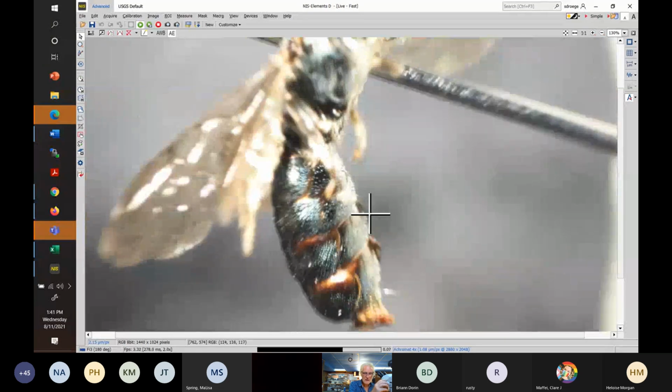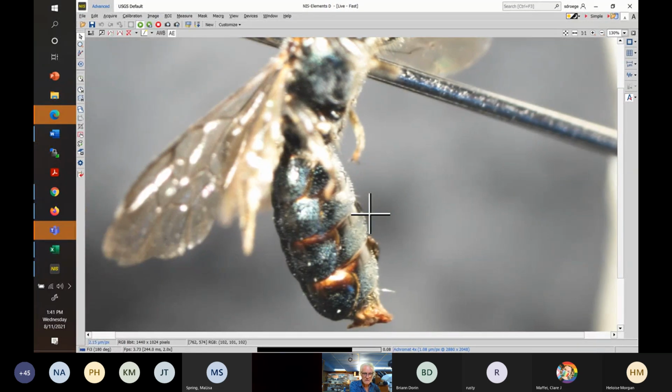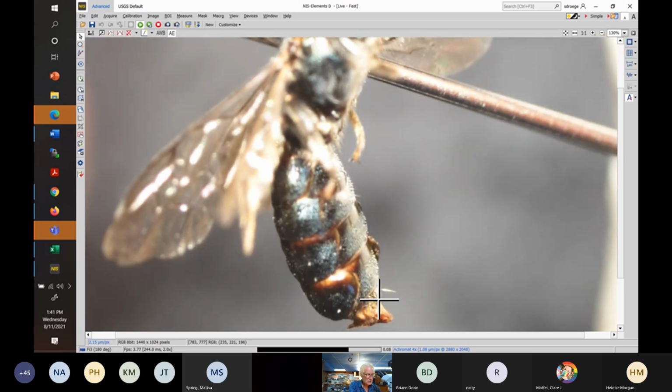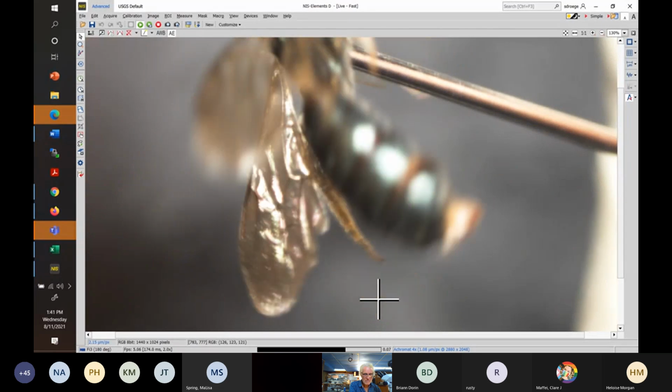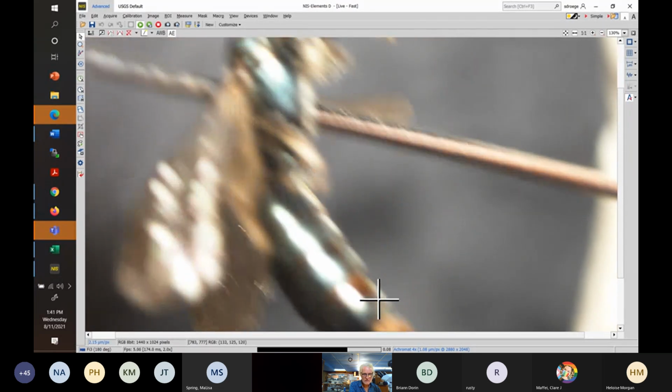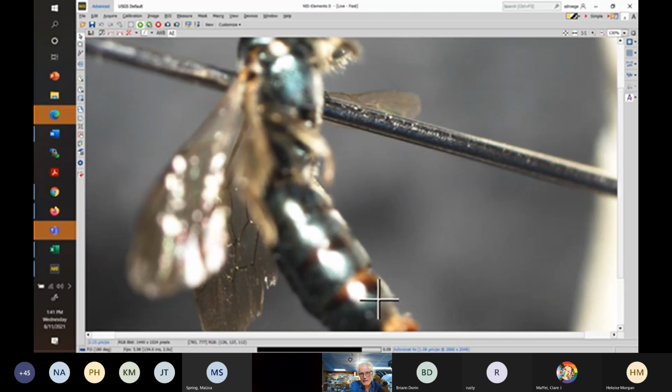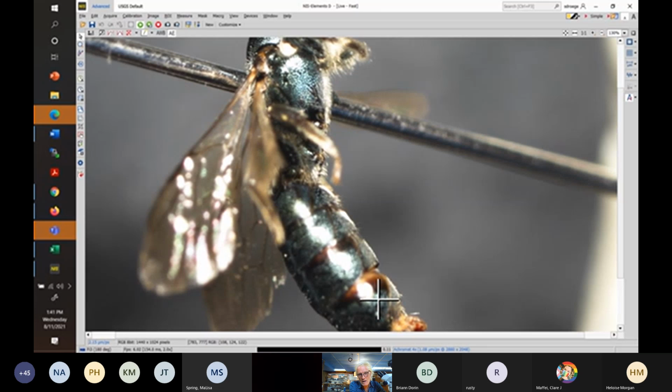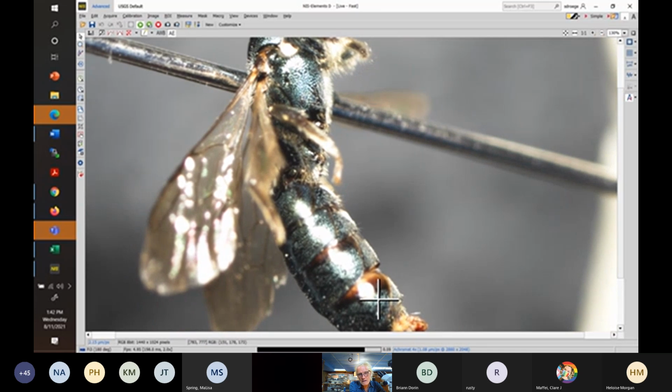So if we look at the hair patterns here, often there are just lots of little tiny hairs. But if you look here, there's essentially almost no long hairs, or just a scattered few. If you recall the calcarata picture, I'm going to try and get you a side view. We were looking very laterally at calcarata, and you would have seen tons of white hairs projecting up.